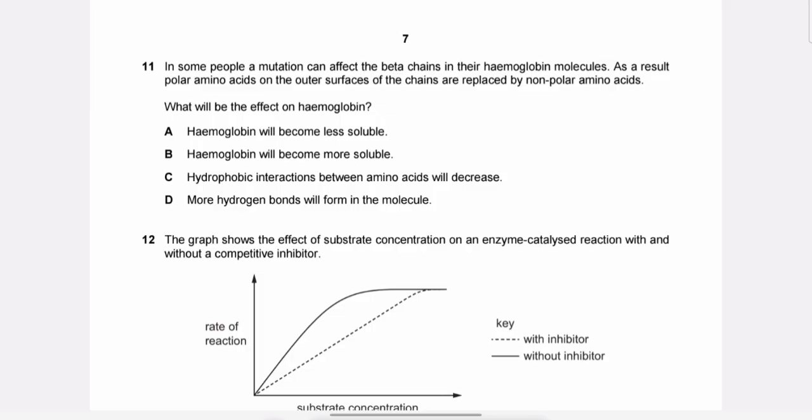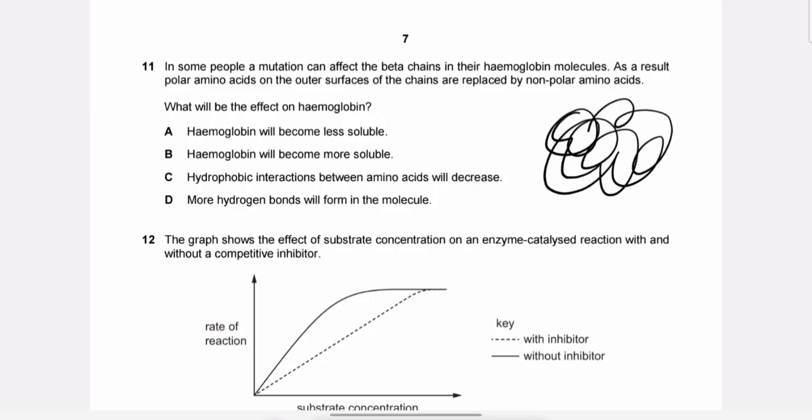And then it goes on to say what will be the effect on hemoglobin. Now, if we have a hemoglobin molecule with polar amino acids on the outer surface, then that means it's soluble. But if those polar amino acids are replaced by non-polar amino acids, we know that non-polar substances do not dissolve, or in other words, we can say they are less soluble.